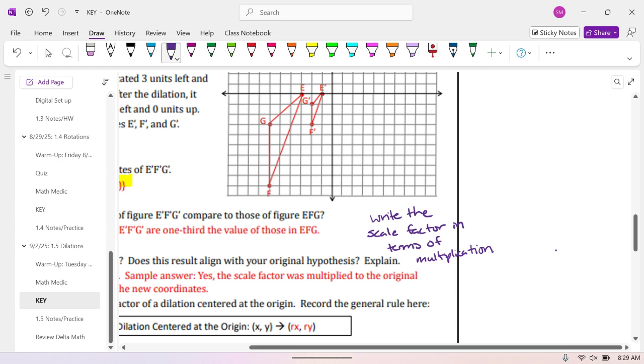So in other words, if you're technically dividing, that means you're multiplying by a fraction. And it's really easy to figure out that fraction. You just flip it. All right. So like if you're dividing by 3, that means you take the reciprocal of 3, 1 over 3. That's what you're multiplying by.